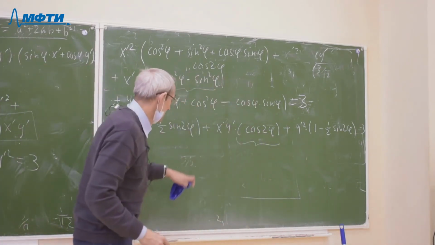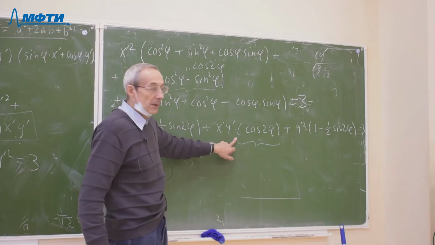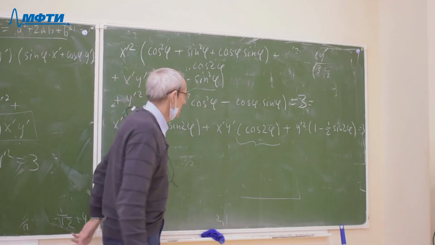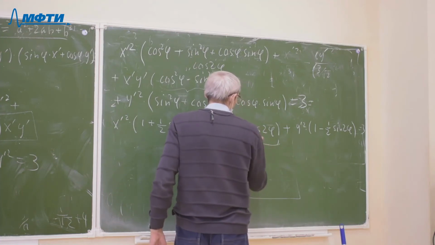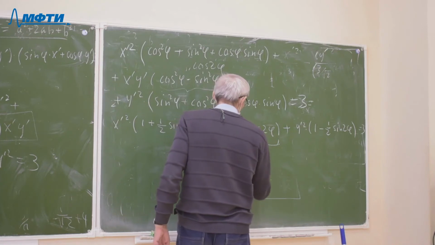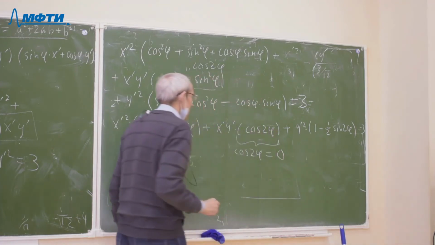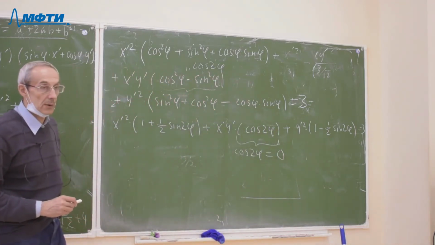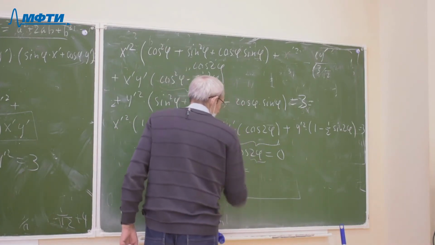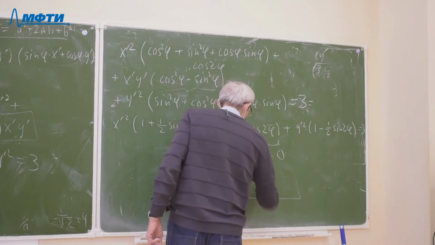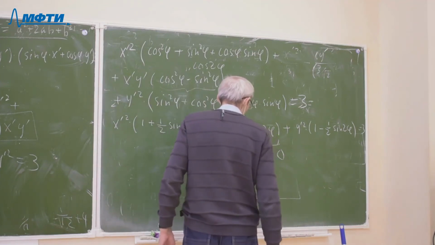We have the term x prime y prime with coefficient cosine 2 phi. We can define cosine 2 phi so that cosine 2 phi is equal to 0. 2 phi in this case is equal to pi over 2 plus pi k.